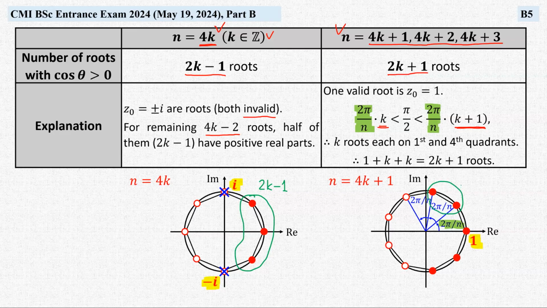This means that there are k roots, each on first and fourth quadrants, in each of this right angle. Hence the number of valid roots are 1 plus k, hence 2k plus 1. So these are the results for case 1.